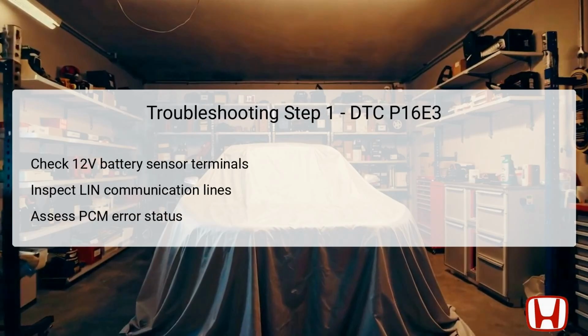In the initial step of troubleshooting DTC P16E3, start by checking the terminals on the 12-volt battery sensor. Loose connections are often a straightforward issue that can easily disrupt communication with the PCM. Ensure that the negative terminal and sensor connections are secure. Next, inspect the LIN communication lines for potential damage or disconnections.